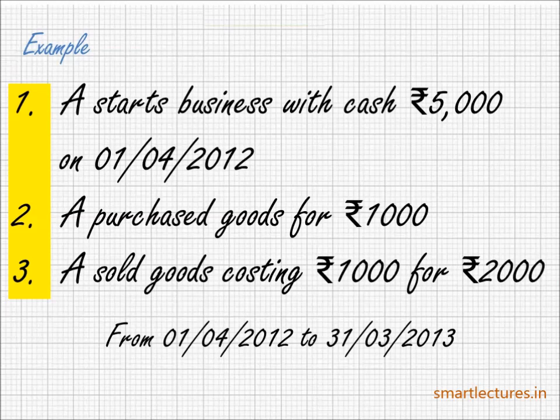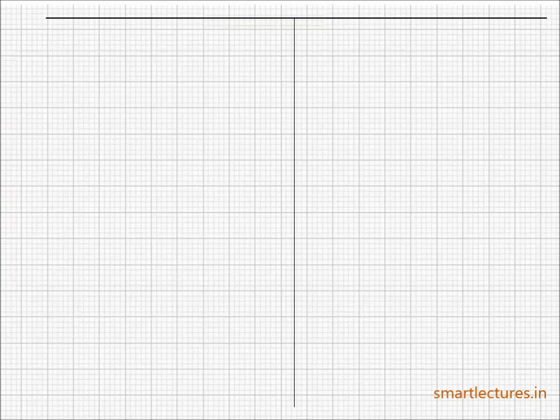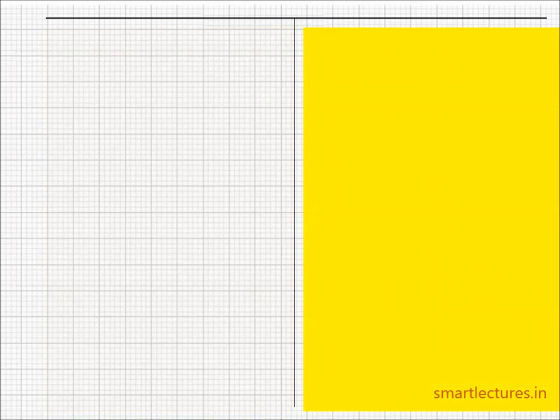And now you have to prepare accounting equation. Now let me introduce how to make the format of accounting equations. Draw a T. Now you will find 2 blocks, one block on left side and one block on right side.